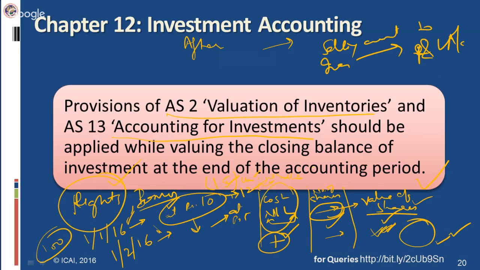So in such a situation, these 500 rupees will come to investment account and that will reduce the value. They will be credited to investment account rather than P&L account because the value of the share has reduced after becoming ex-right.